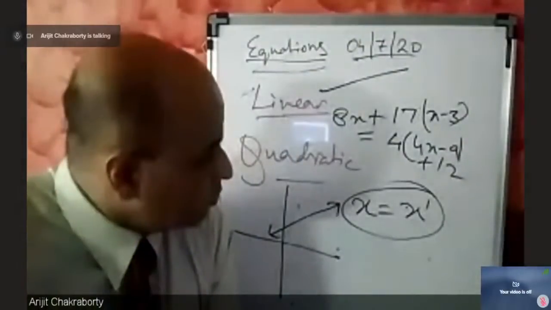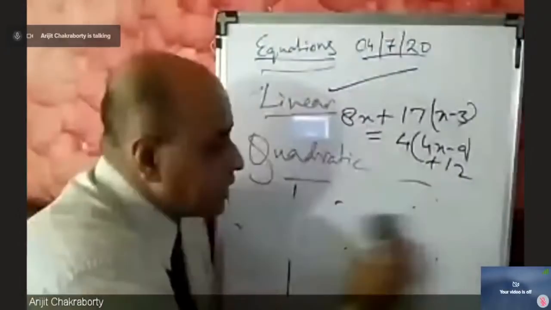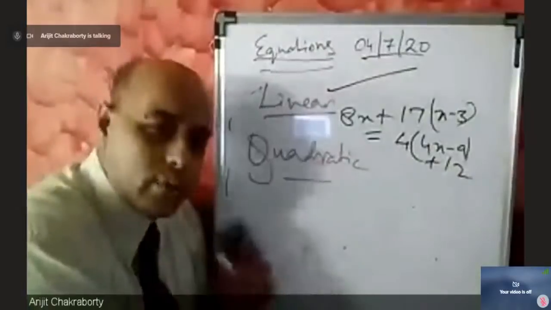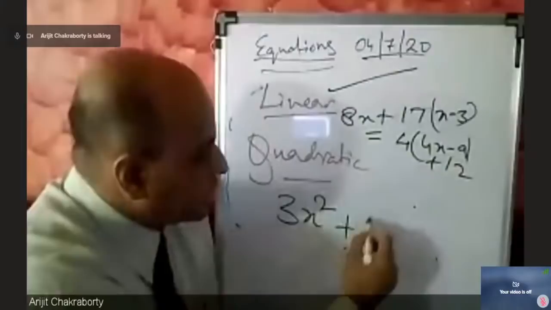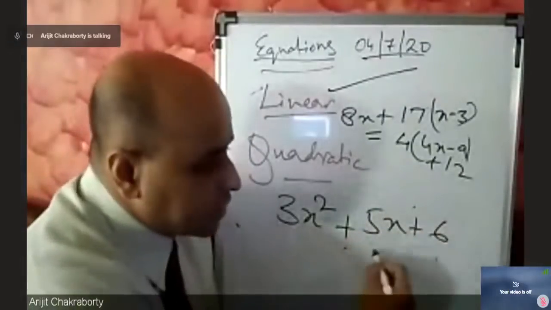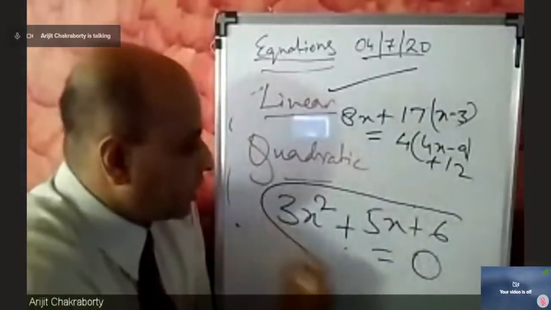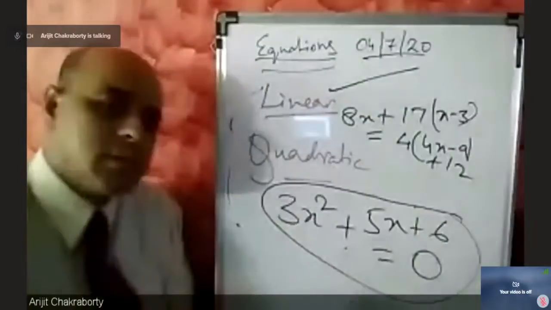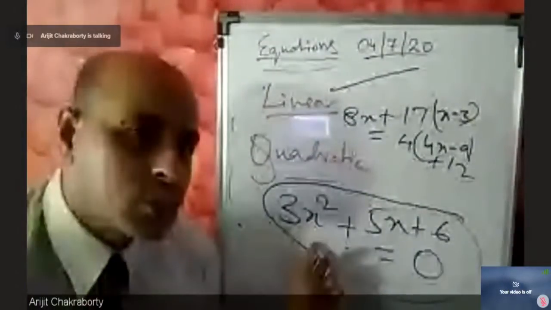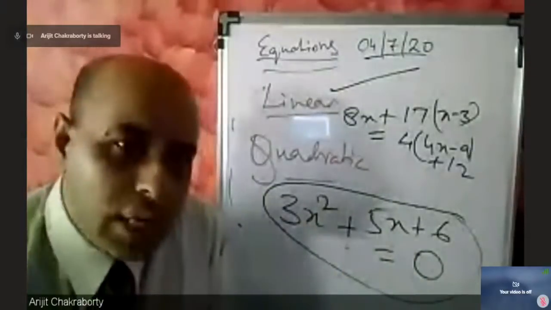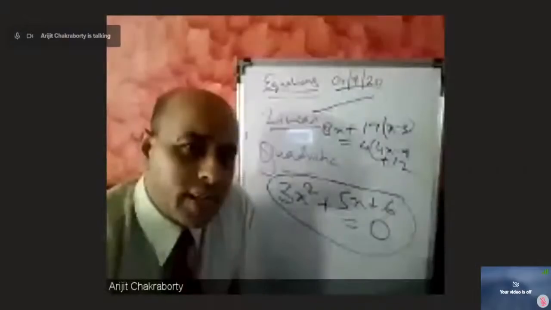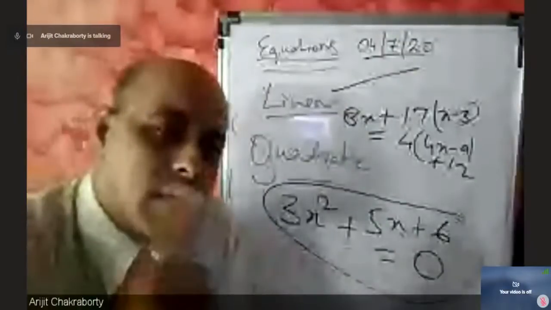But the moment, let's go to quadratic. Now the moment when I write, say for example, 3x square plus 5x plus 6 is equal to 0. Friends, this becomes a quadratic equation.